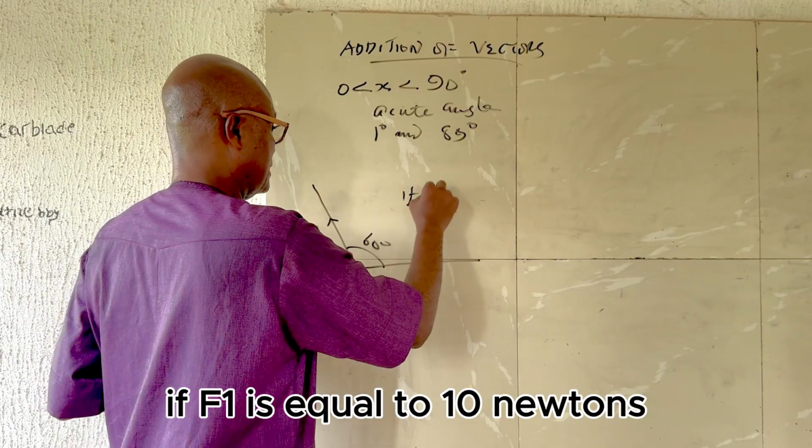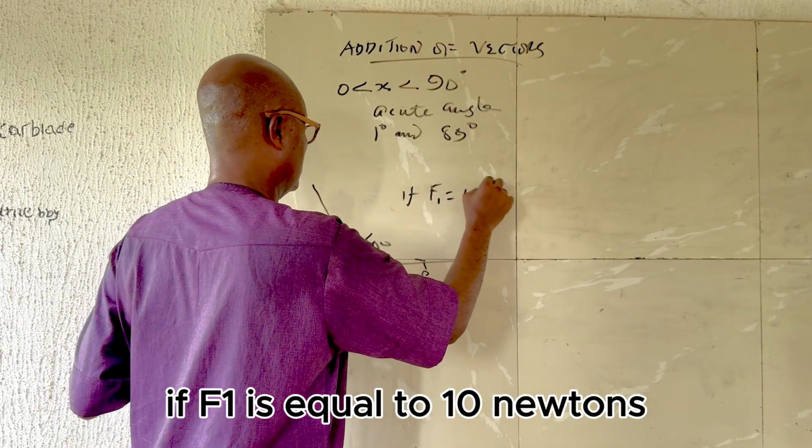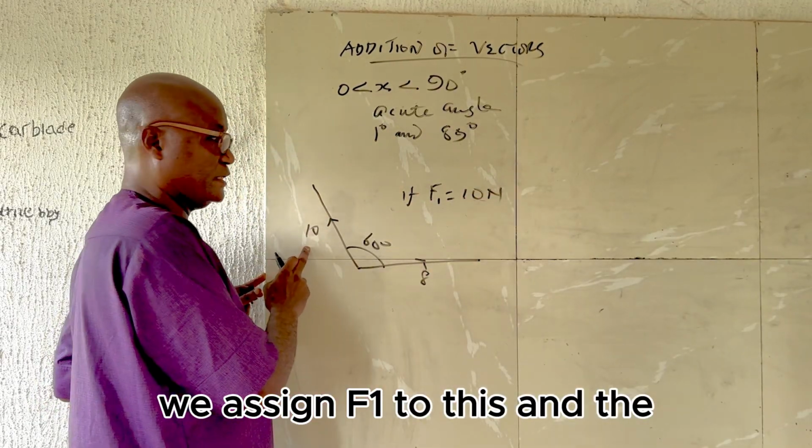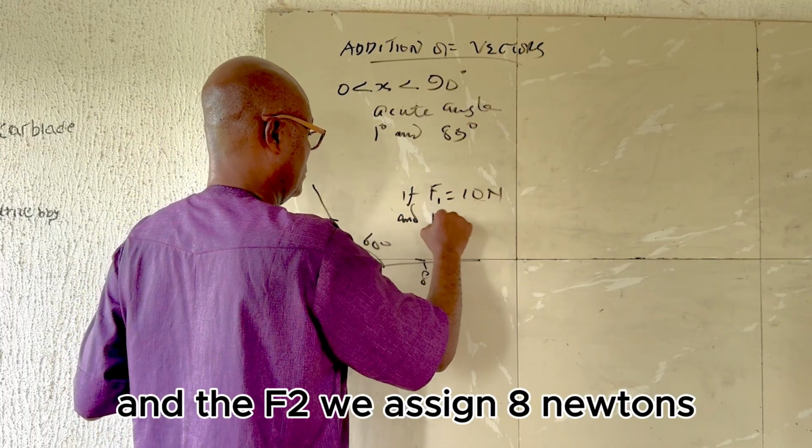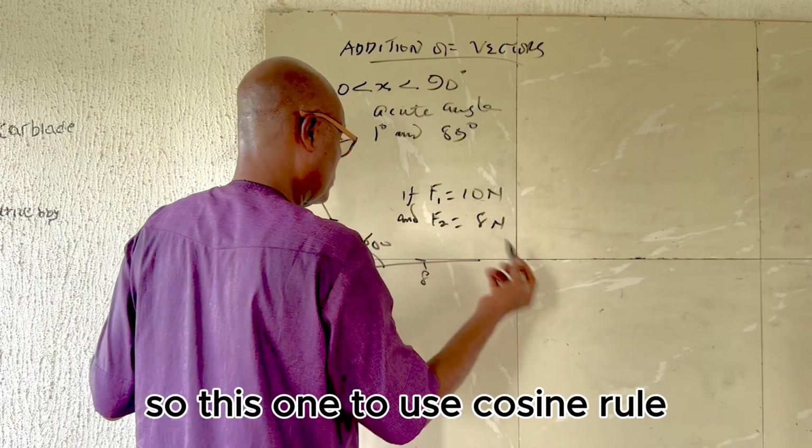If F1 is equal to 10 newtons, we assign F1 to this, and F2 we assign 8 newtons. So this is what you do.